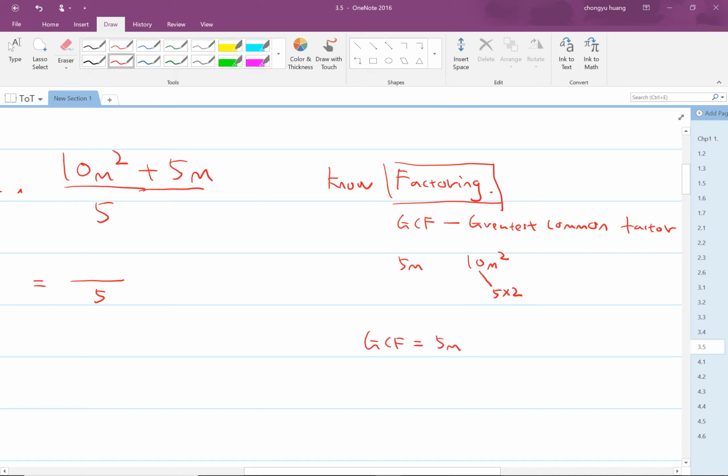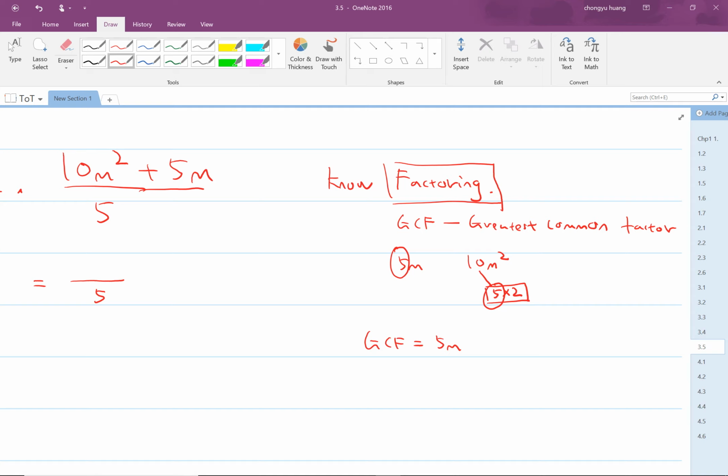So we have 5m and 10m squared, and 10 is equal to 5 multiplied by 2. You can see 5 is the common one, and the greatest number. You may ask why we don't choose 2 as the greatest common factor between the numbers 5 and 10.